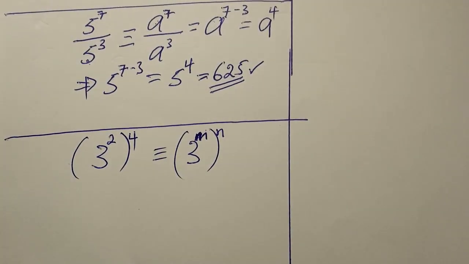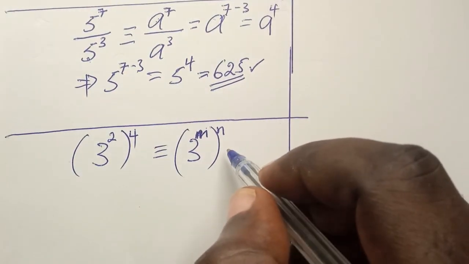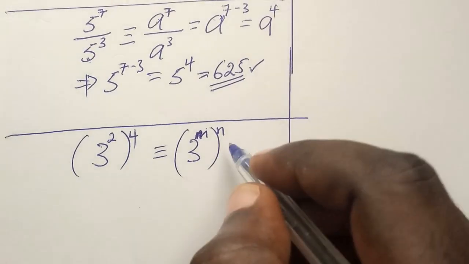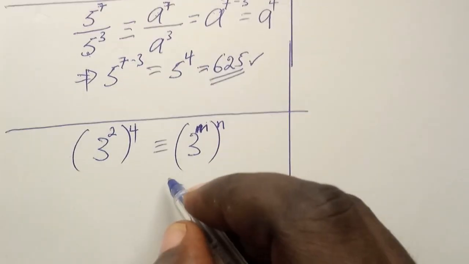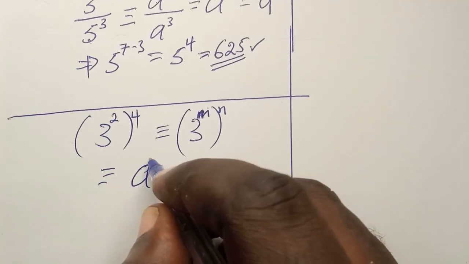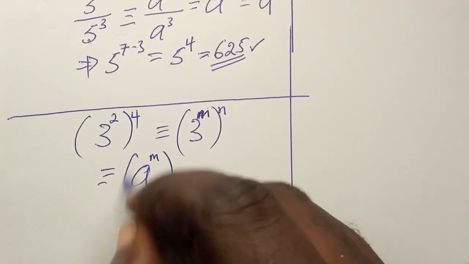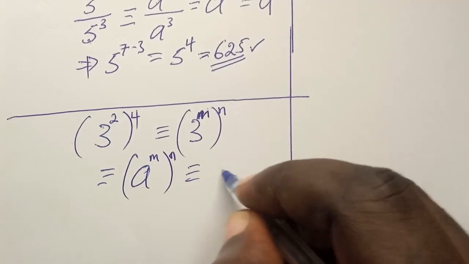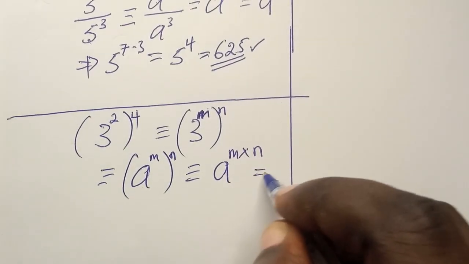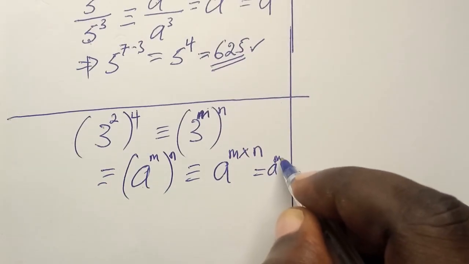If you see an expression like this, it is the same as assuming the 3 is a. Let me just rewrite it in the general formula as we know. This is a raised to the power m, all raised to the power n. It is the same as a to the m times n, which is equal to a to the power mn.